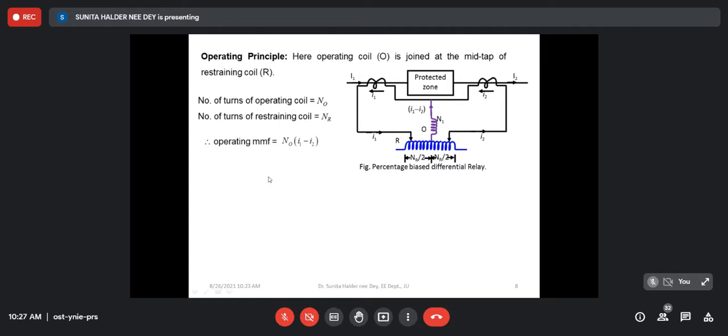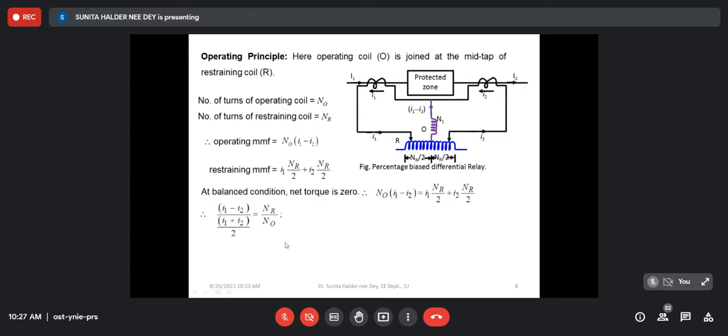So what will be the operating MMF? NO into (I1 minus I2). This is the MMF of this coil, and for restraining, NR by 2 into I1 and NR by 2 into I2. On the verge of operation, these two should be equal. From there, we can get this ratio. This relay will operate when this MMF becomes more.